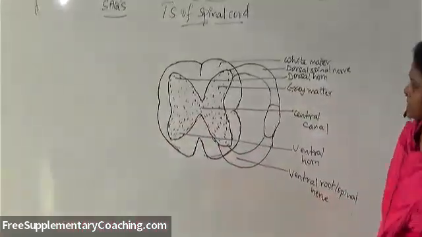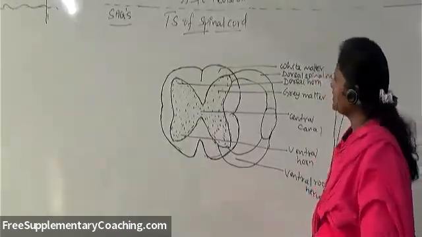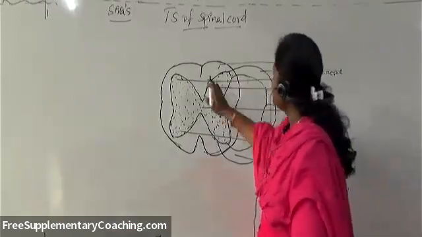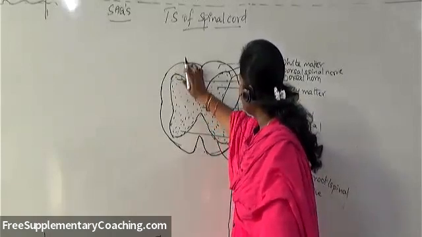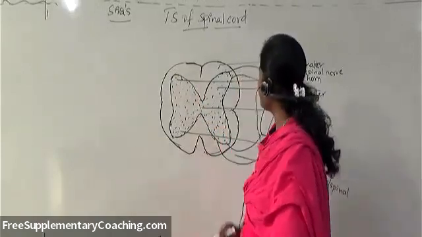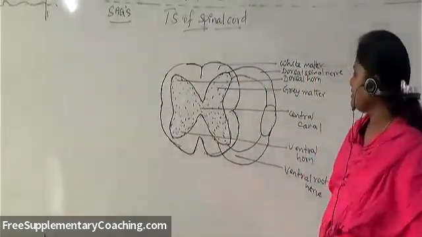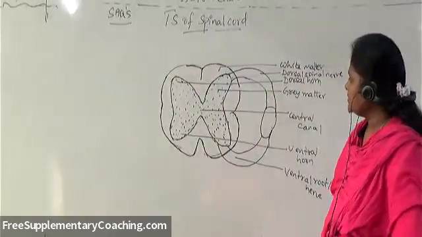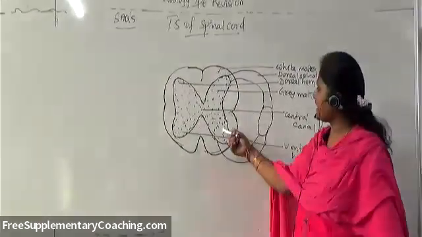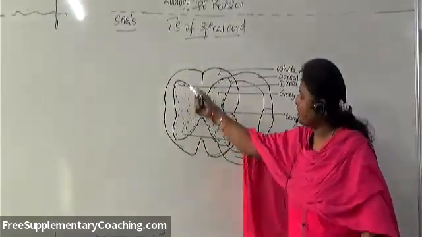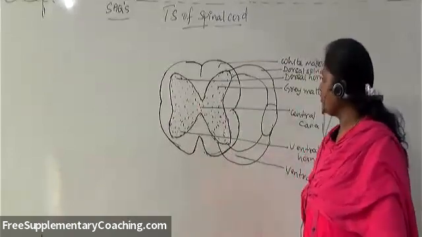So you can see that the spinal cord in transverse section will show the central canal, which is a butterfly shaped structure. Inside it consists of gray matter and outside it consists of white matter, and it consists of two dorsal horns and two ventral horns.